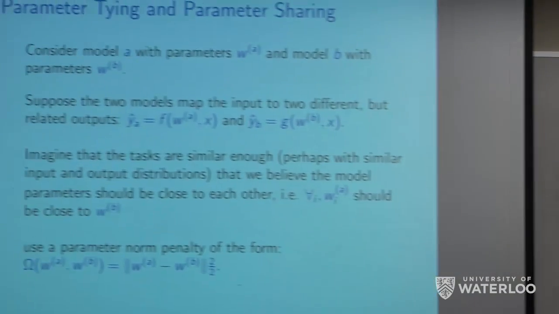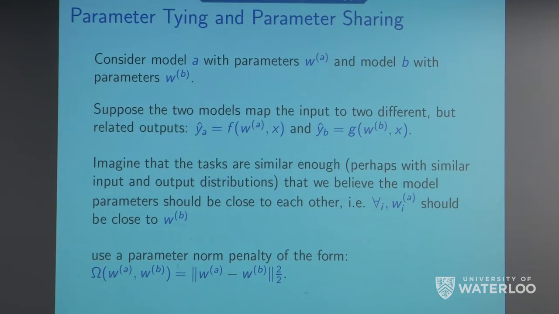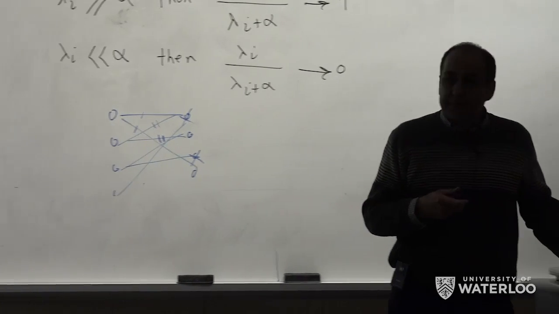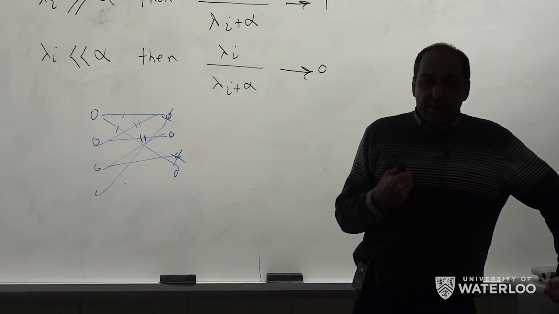Okay, so it can be expressed in terms of sparsity, and also in terms of ensemble methods. That's why it works, but we'll see this later on. Any question?